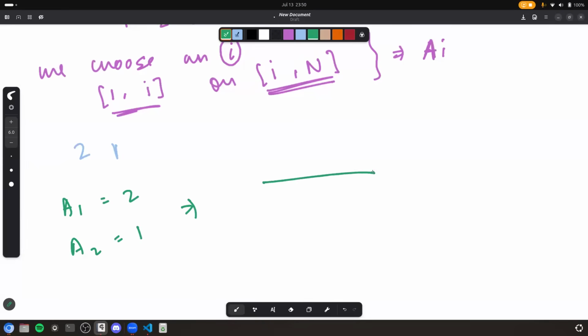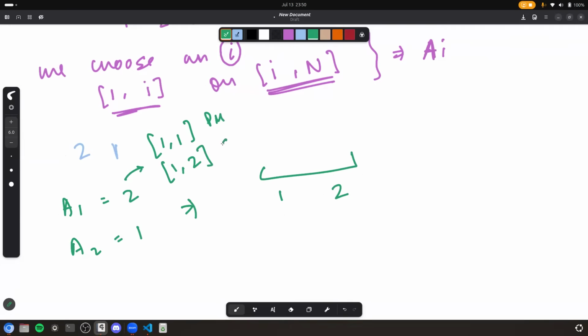And we have an array of 2 elements, n equals 2. For this, we can either mark 1 to 1, or we can mark 1 to 2. This would be the prefix operation, this would be the suffix operation. For this, we can either mark 1 to 2, or we can mark 2 to 2.